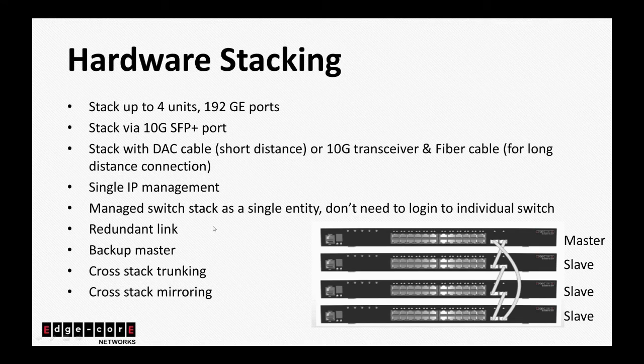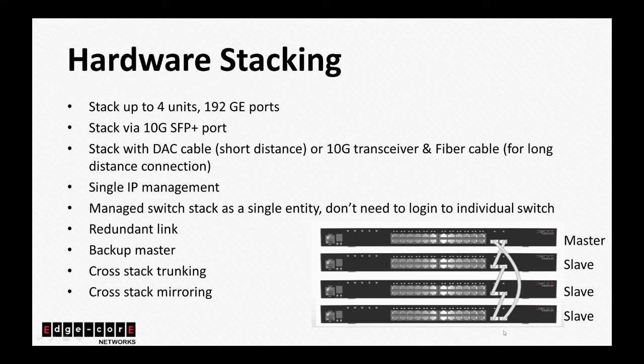And with hardware stacking, it's like you manage the switch stack as a single entity. You don't need to log into individual switch for configuration. So this is easier for you to manage the switch. And for the stacking, we provide the redundant ring. Here you can see there's the ring topology.